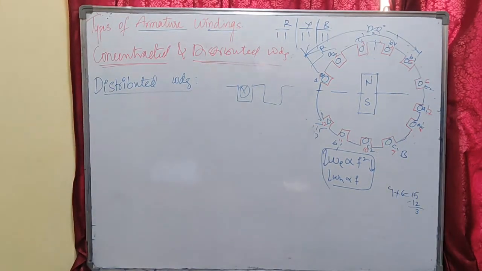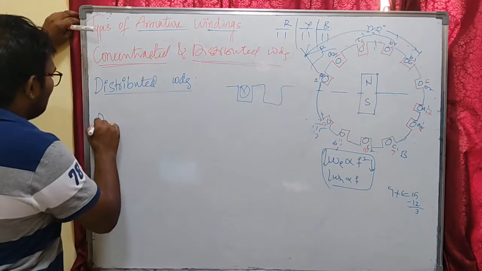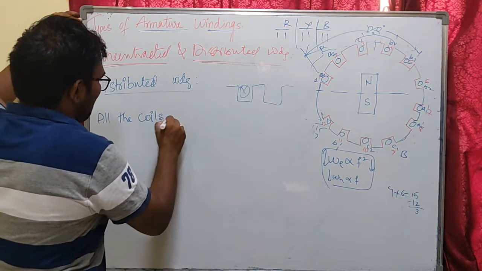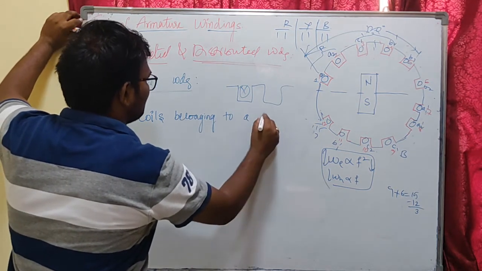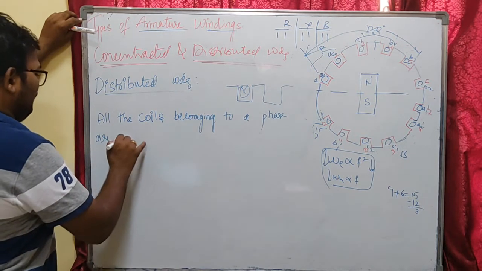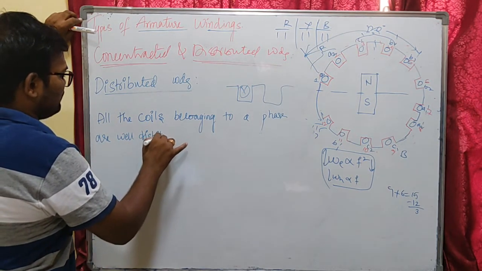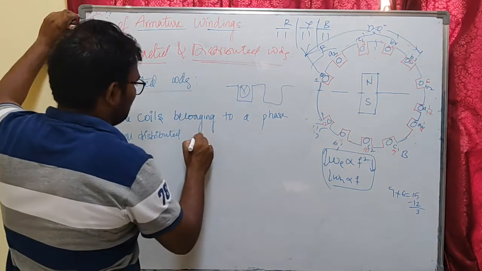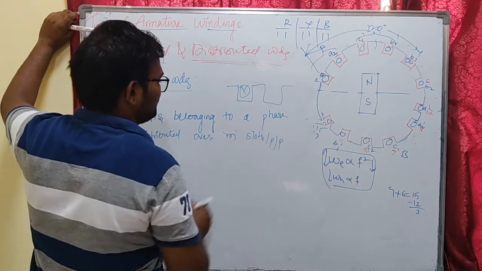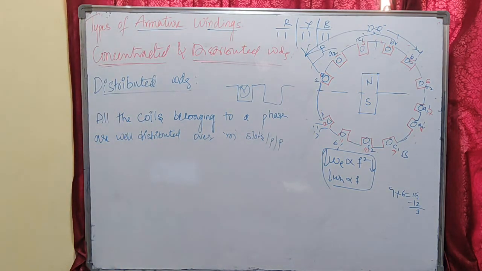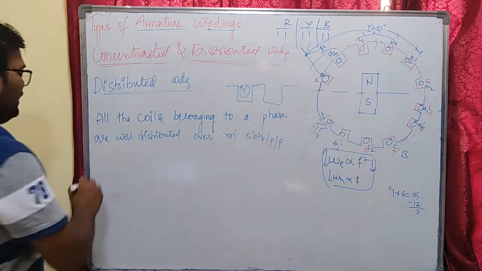The definition of the distributed winding means all the coils belonging to a phase are well distributed over the m slots per pole per phase, under one pole, under every pole.